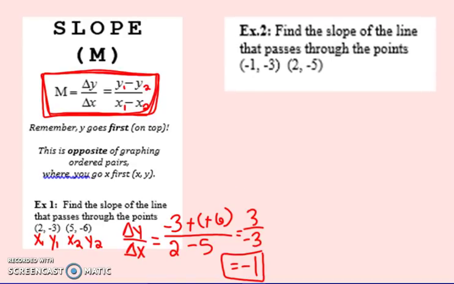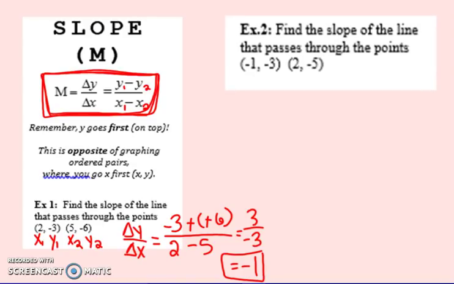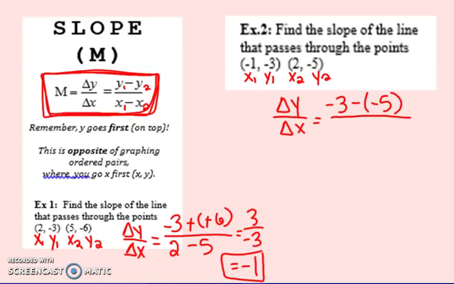If I look at my second example, again, I'm going to start by labeling my points. x1, y1, x2, and y2. When I use my formula, it is the change in y over the change in x. I have negative 3 minus negative 5, my y1 minus my y2. Negative 1 minus 2, my x1 minus my x2.